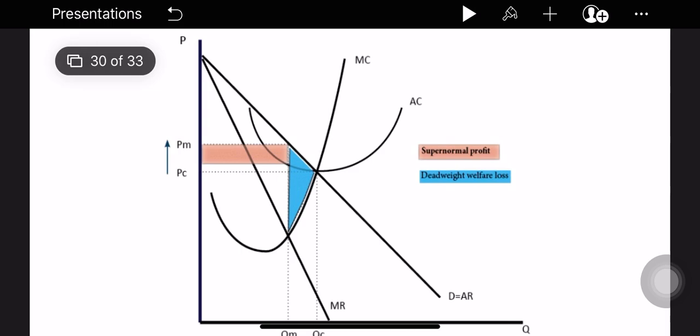Again, the socially optimal price, or the competitive price, is where our marginal cost curve meets the demand curve and the average cost curve. So at that point, you can see the price PC. That is not the pricing of the oligopolist, which is now acting as a monopoly, but price PM. The peach shaded part is now the oligopolist or monopolist profit.